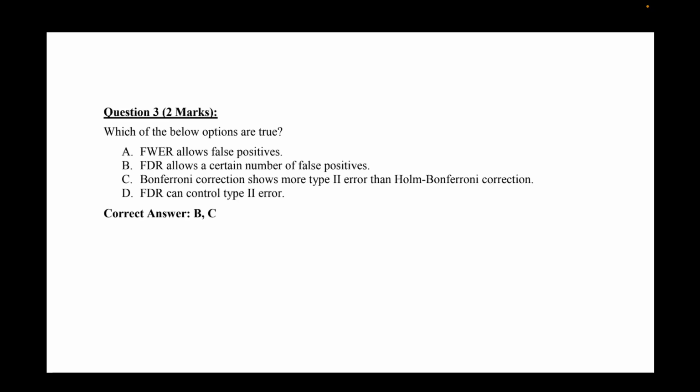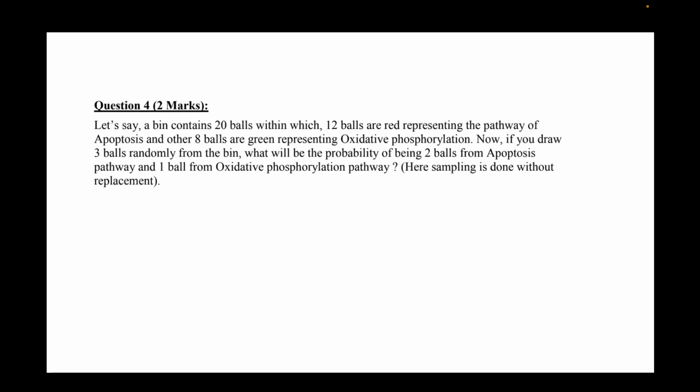But the logic behind doing FWER is to reduce and completely get rid of false positives. So it's not true in that sense. Yeah, I know the options are a little bit closer than we would have liked, but yeah. Okay.